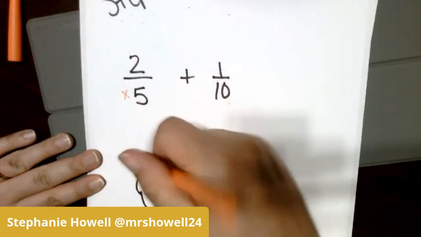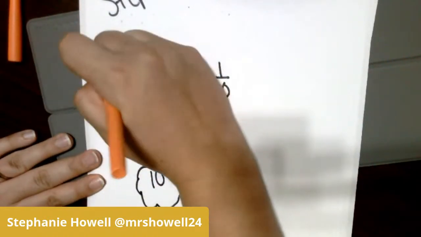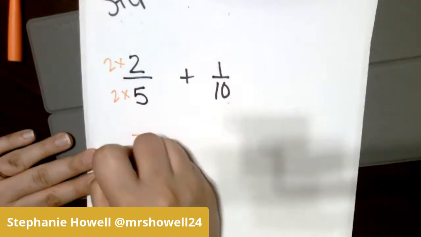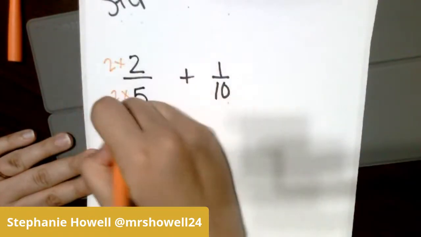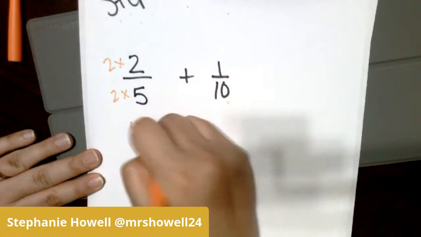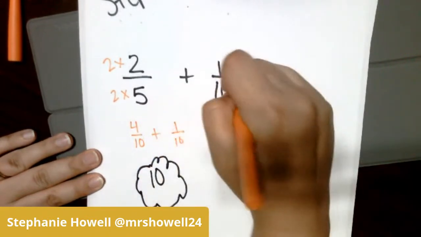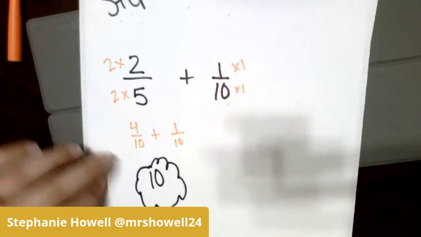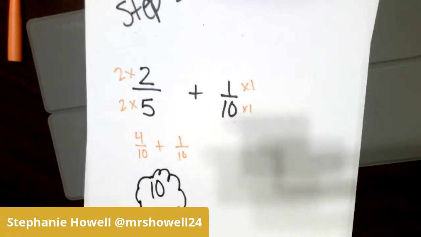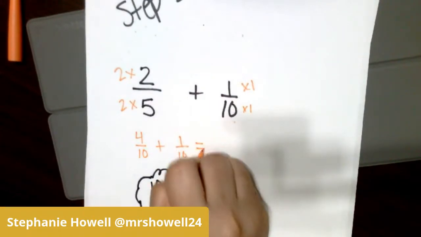top. So 5 times 2 is 10. And then 2 times 2 is 4. Keep that 1/10 because it would just be multiplied by 1. Okay. And now they're ready to solve.